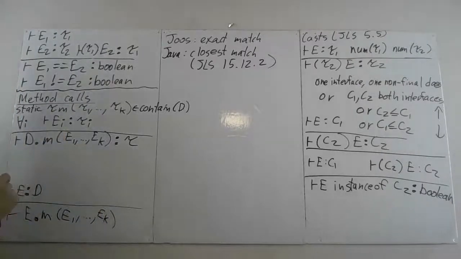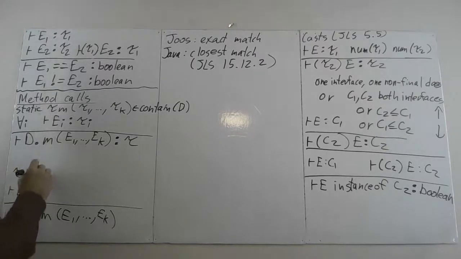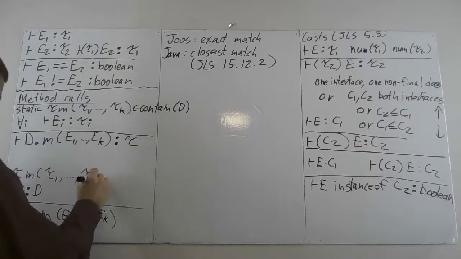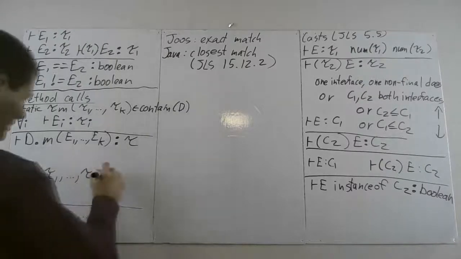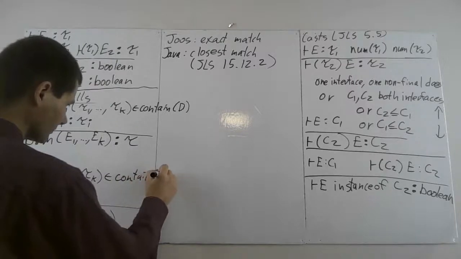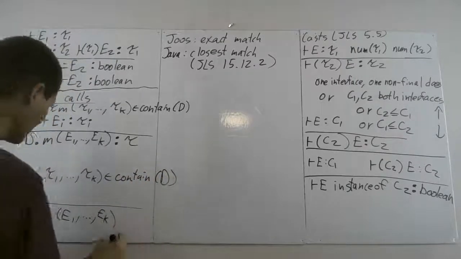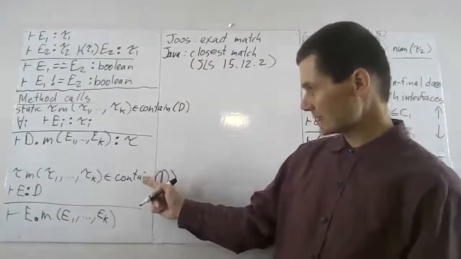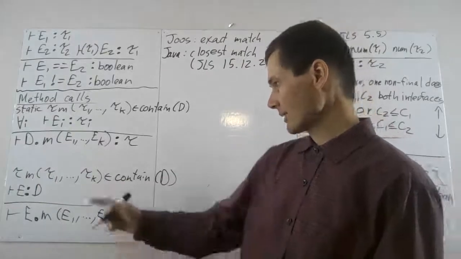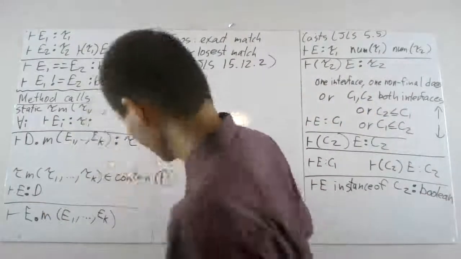Okay, and so the only difference is, well, I'm still looking for a method. This time it's a non-static method, but I'm still looking for it in the contain set of class D. All right, so I look in the contain set of class D for a method with name M, and that's going to tell me the return type.